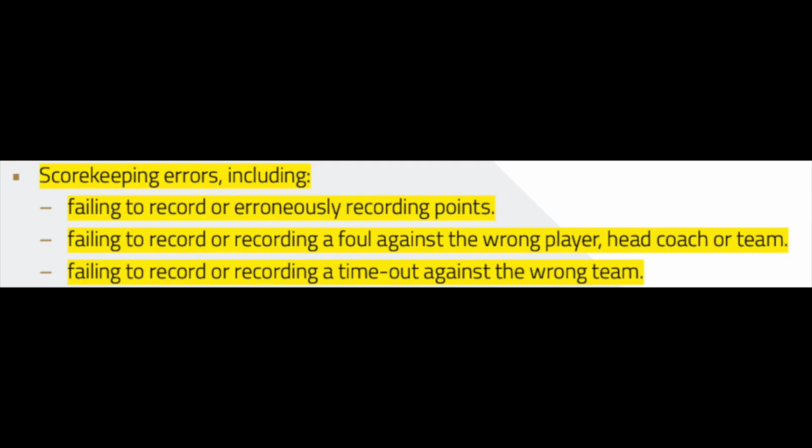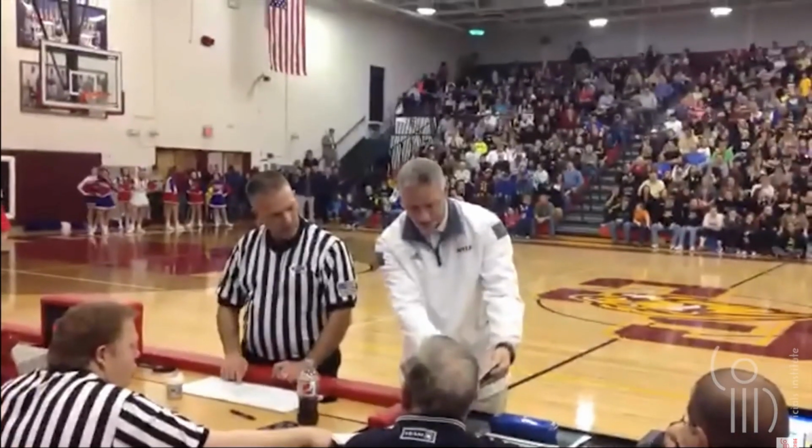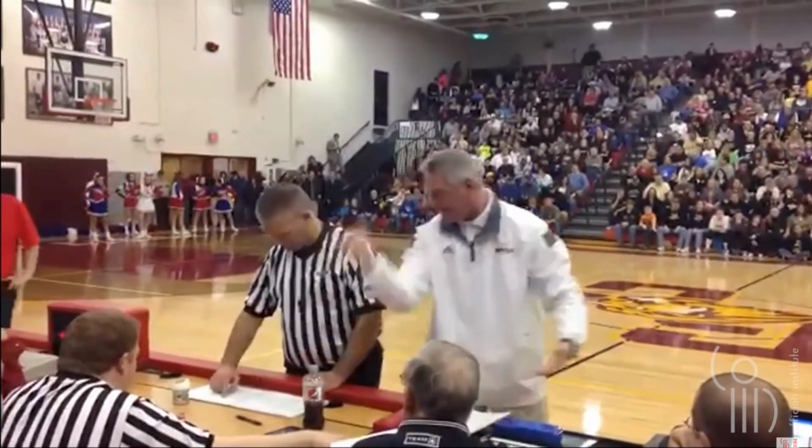The scorekeeping errors are whenever they fail to record or erroneously record points for a team, fail to record or record a foul against the wrong player, head coach, or team, or fail to record or record a timeout against the wrong team. So anytime there's an issue on the score sheet, and we see here that one coach is upset because they think there's an error and the other coach is wondering what the error is.